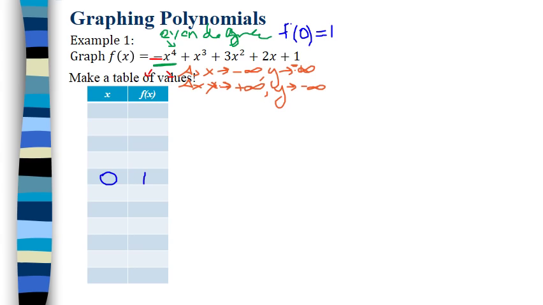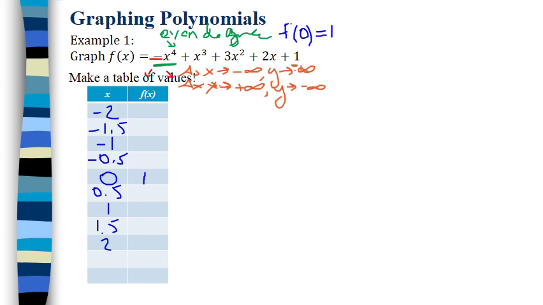So I'm going to find some y values for half intervals: negative 1/2, negative 1, negative 1.5, negative 2, as well as 1/2, 1, 1.5, 2, and we'll see if we get a good picture of the graph here. So go ahead and pause this video and find the corresponding y values, and when you come back, we'll confirm that we have all calculated them correctly.